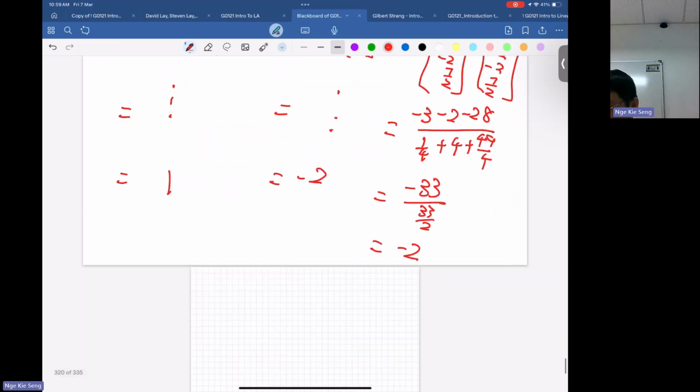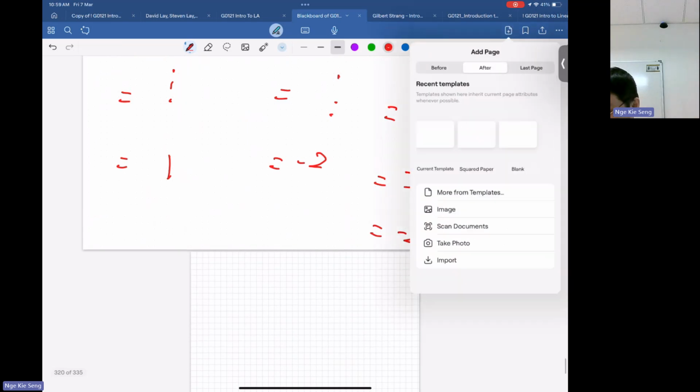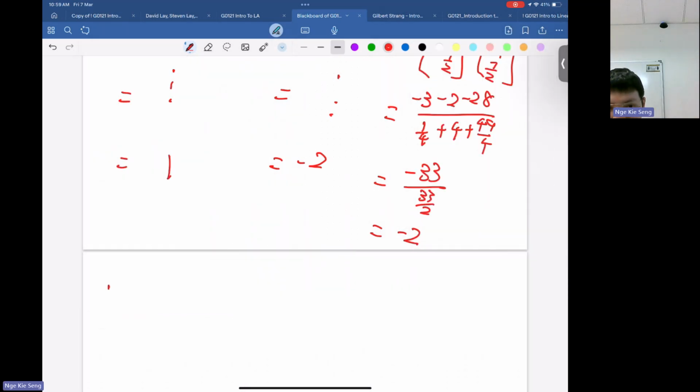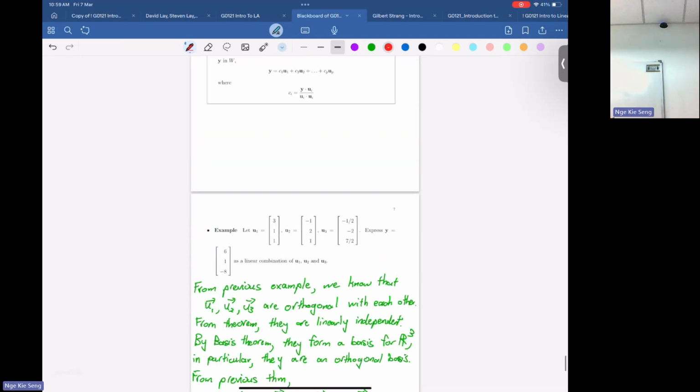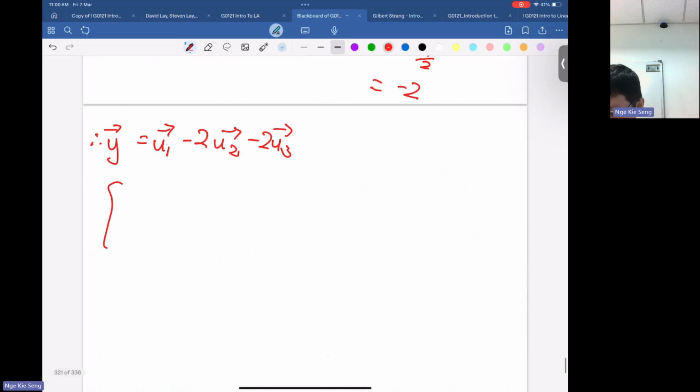So, sanity check, let's do the check. We should write y equals u1 minus 2 u2 minus 2 u3. So what's our y again? 6, 1, -8.